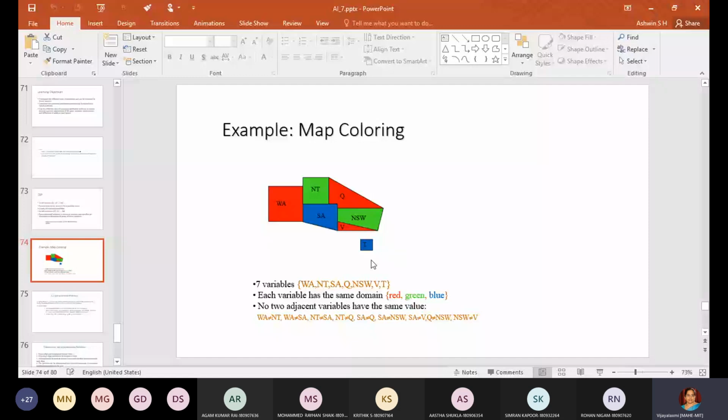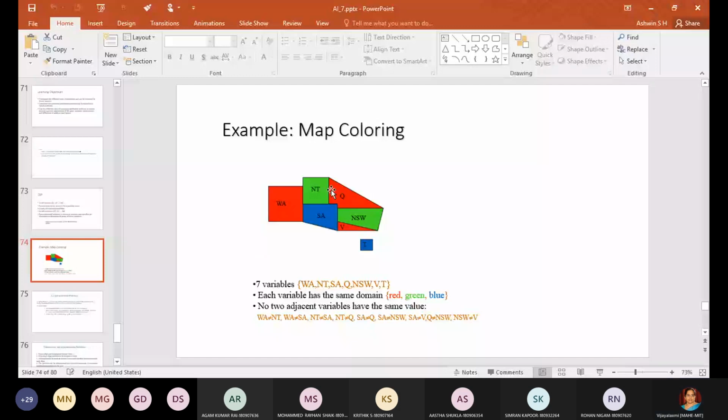So here I call those 7 states 7 variables. I have represented them as WA, NT, SA, Q, NSW, V, and T. These may be any states. You can consider the map of India or any country and list the variables. How many states are there?